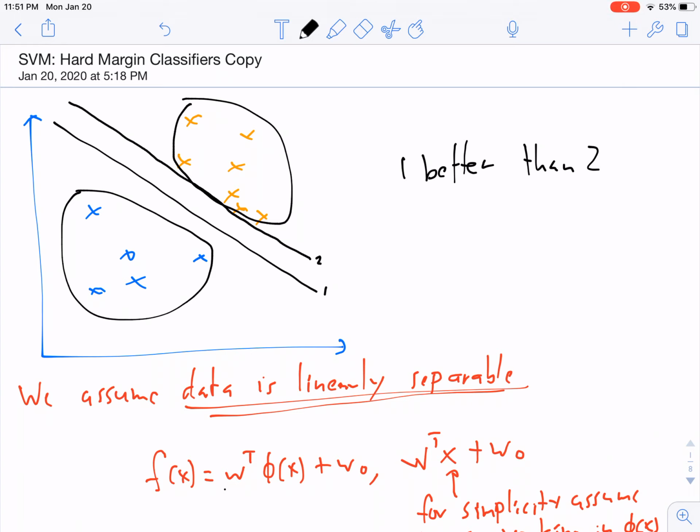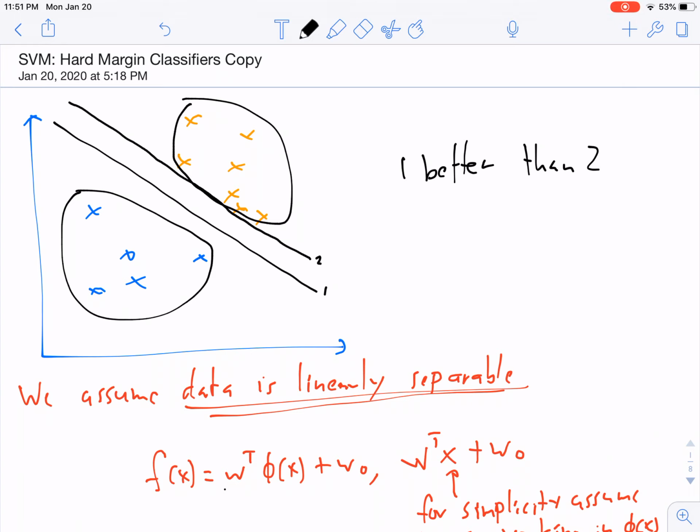But it seems like line 2 is substantially worse than line 1 here, because if you have a bunch of uncertainty in the middle as to where to draw the boundary, you want to split the difference, and that will allow your model to generalize better. For example, let's say that there's another data point right here that's just on the other side of line 2.